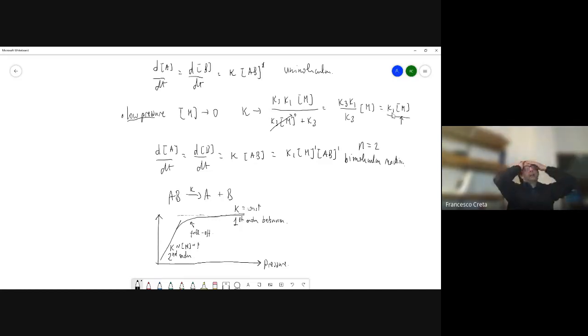reactions that can be written globally. So you can actually write down this reaction here in a chemical mechanism to feed in a computer. So you can consider this in all effects as an elementary reaction, but you should always remember that in fact it's not, okay?